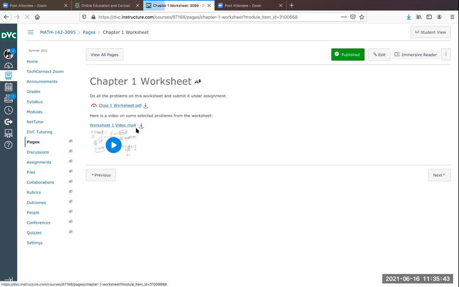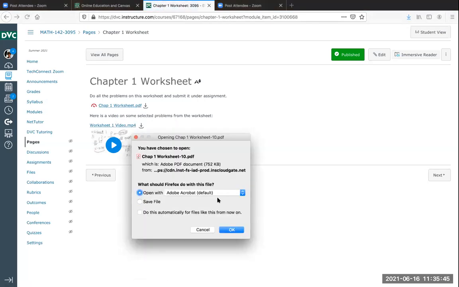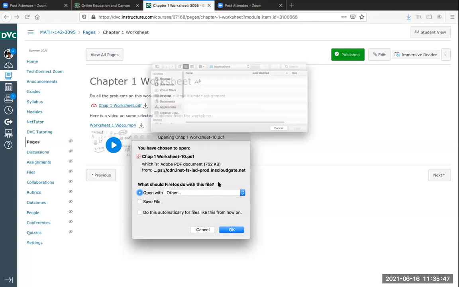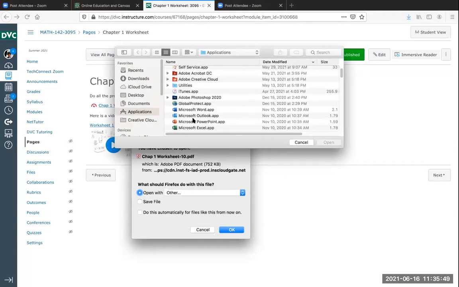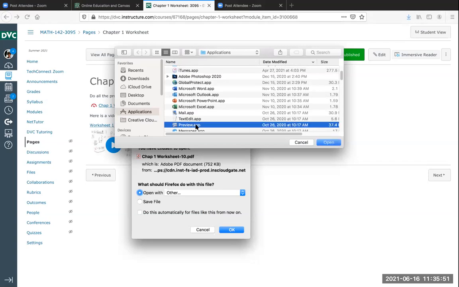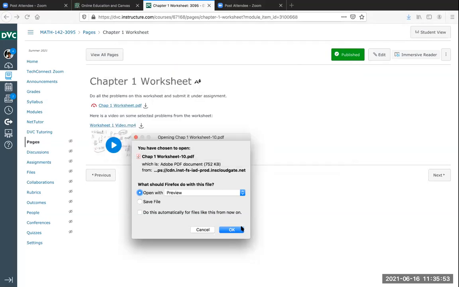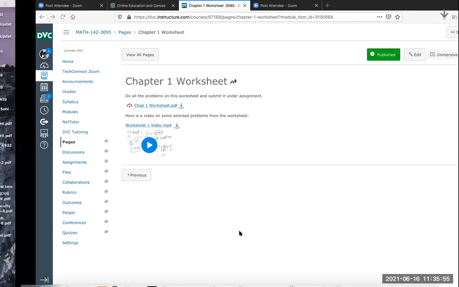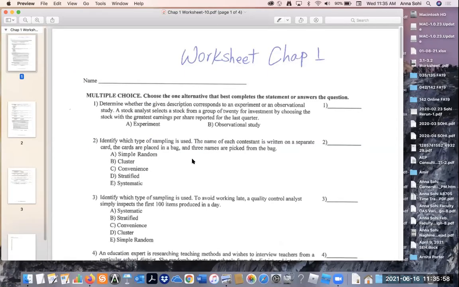Then you go here, and you show any part of your work that is possible. If it's a definition, you say by definition, the answer is C. And normally it is multiple choice. So they say determine whether it's experiment or observational, and then they write something.